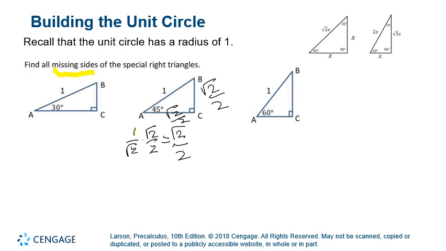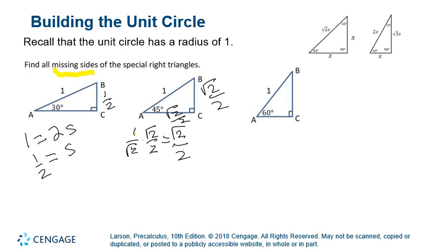Now for the 30, 60, 90, they're going to be related because they both have a hypotenuse of 1, but they're just going to be flipped. So let's take this one for example. If we know that 1 is the hypotenuse, that's 2 times the short side, which makes the short side 1/2.